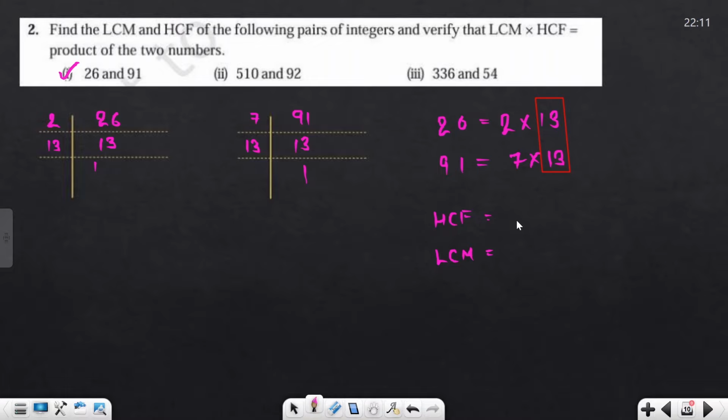So the common term is the HCF, and we write 13 here. How do we find LCM? Write the common term one time and now multiply with the remaining terms. The remaining terms are 2 and 7. Multiply them and get the answer. 7 2 is 14, 14 into 13, 182 is the answer.